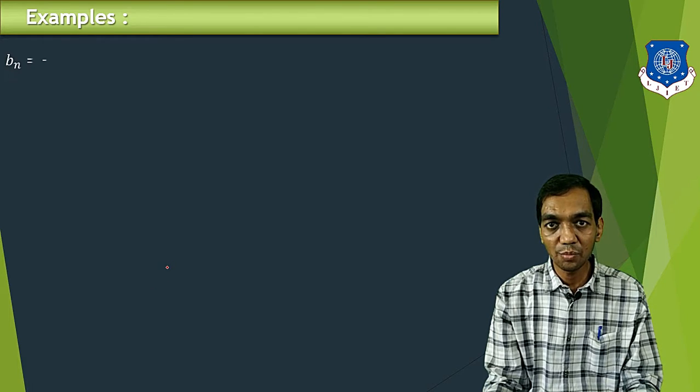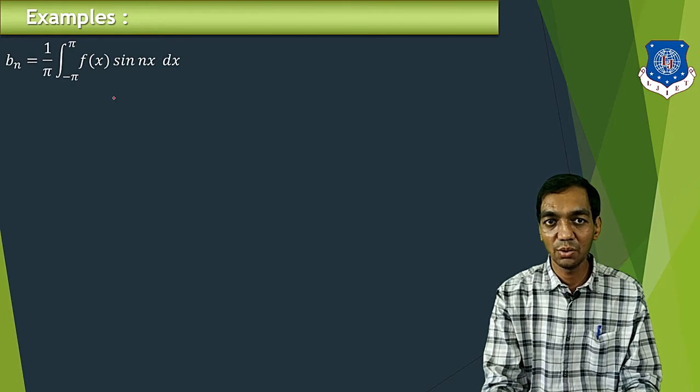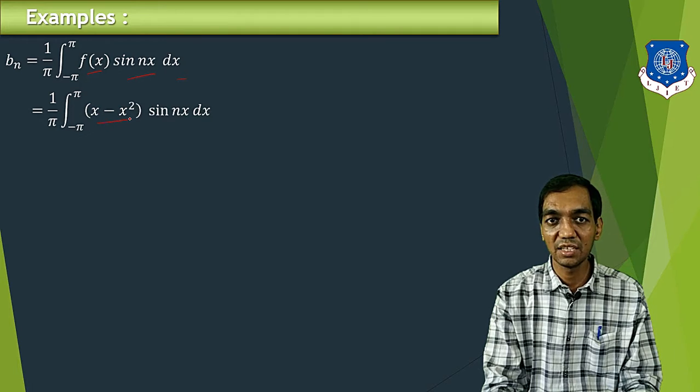Now b_n. The same thing we are going to do for b_n. 1 upon pi, integration from minus pi to plus pi, f(x) into sin nx dx. So 1 upon pi, f(x) is x minus x square into sin nx dx.